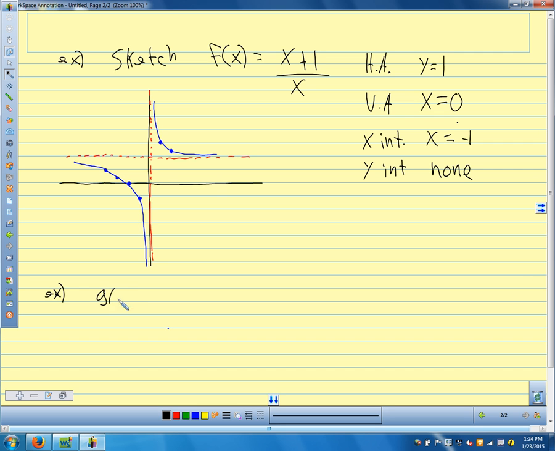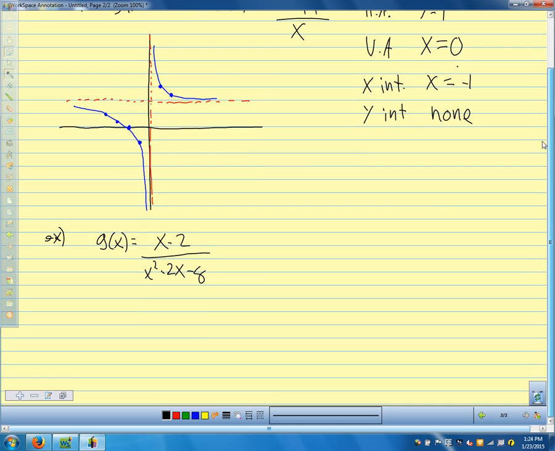g of x equals x minus 2 over x squared minus 2x minus 8. And we want to sketch a graph of this rational function. So what's going to be the first thing that we want to do here before we even start finding things?